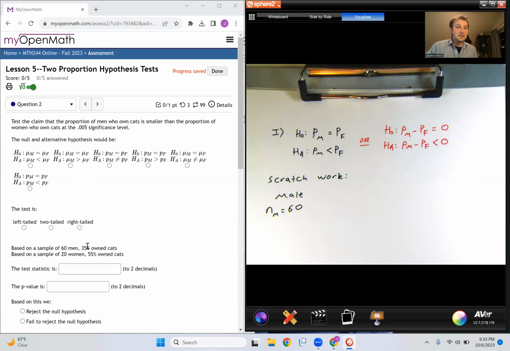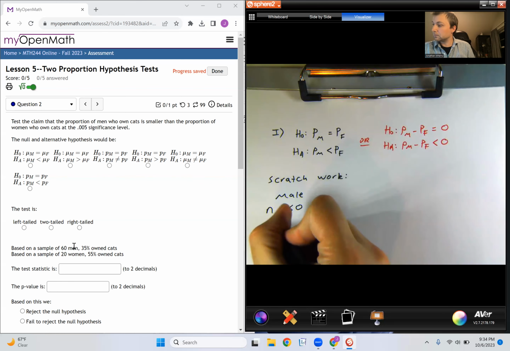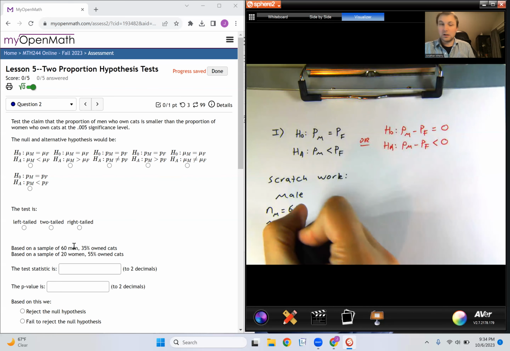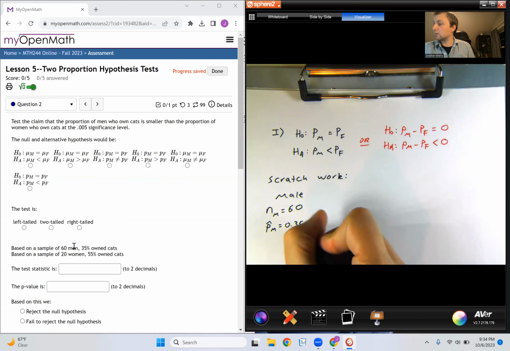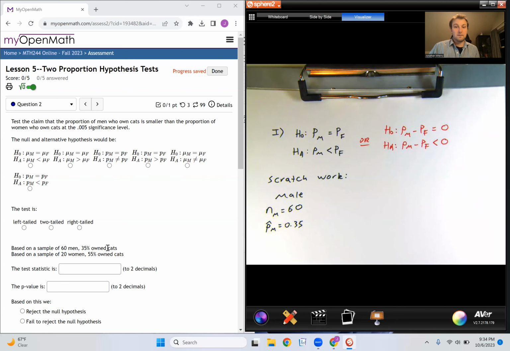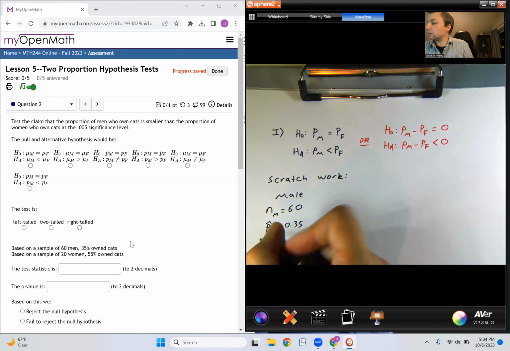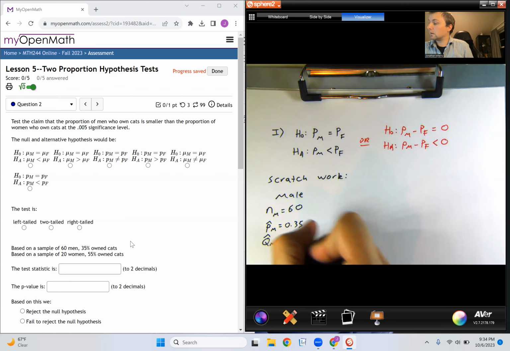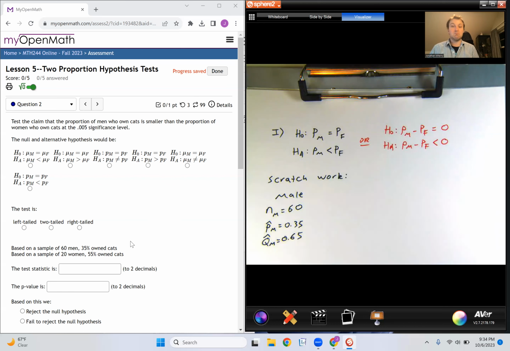And it gives me a success rate for this sample of 35%. That tells me the failure rate for men is 65% that don't have a cat. 35% of this male sample have a cat, 65% don't.